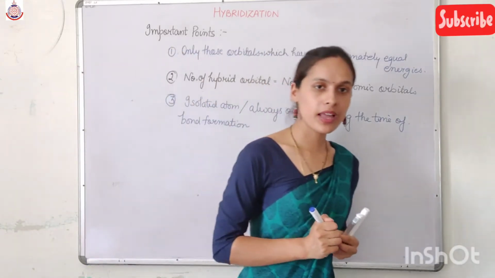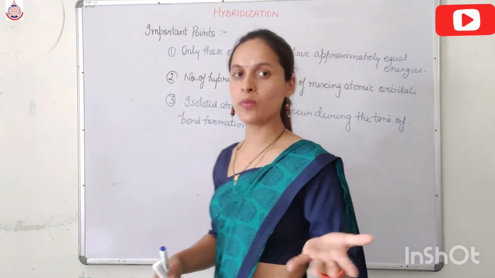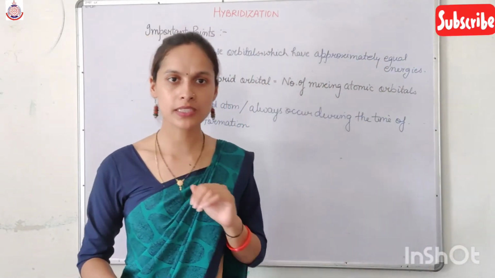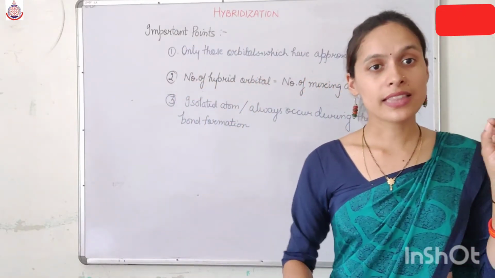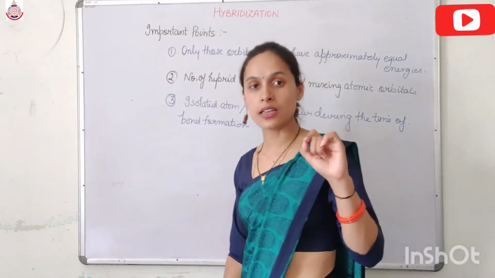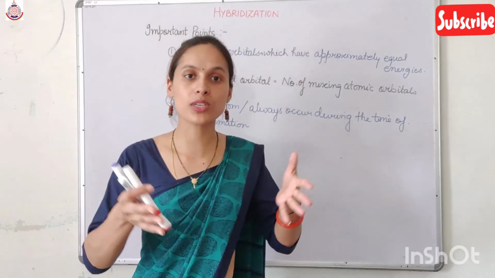Because in hybridization, we are saying that electrons will move from one orbital to another orbital. For the movement of electrons, energy is required, and that amount of energy we get when the atoms come close to each other.